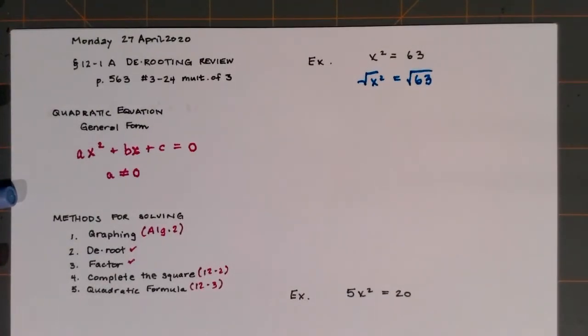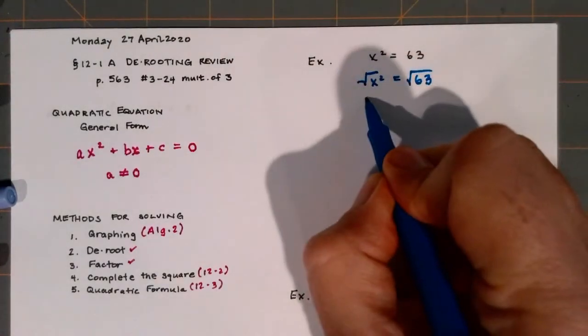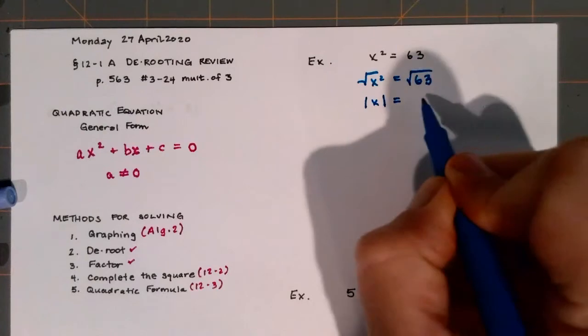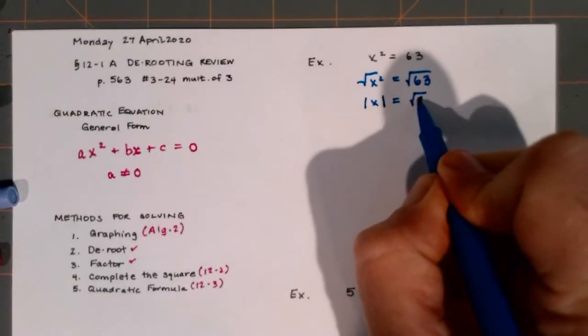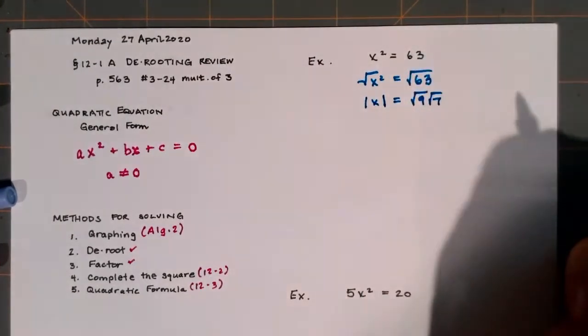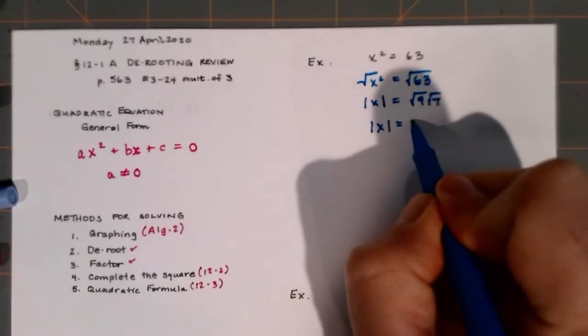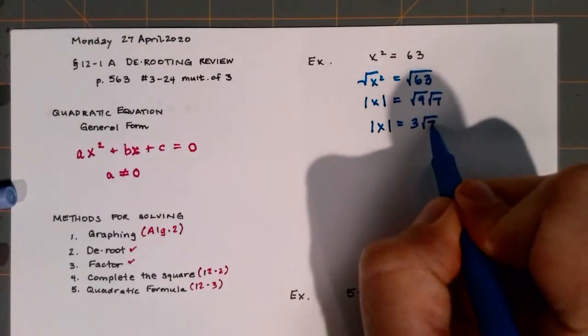The easy ones are nice because they work out, but here we have root 63. That's not a perfect square. 64 is the perfect square. So 63 is not a perfect square. So here I would get the absolute value of x, and this I'm going to have to change to root 9, root 7. So I get the absolute value of x is equal to 3 root 7.